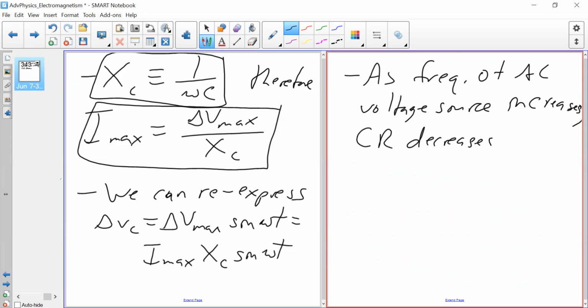If you have an AC circuit with just a capacitor, drive up the frequency, let it cycle faster, and the reactance in the circuit is going to go down, and then we're going to get maximum current. So this is something for an engineer, a physicist, anybody. Knowing that this is your capacitor reactance, you can play around with the variables in order to get increasing current, decreasing current.